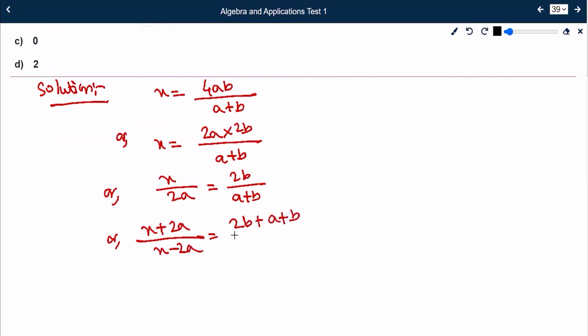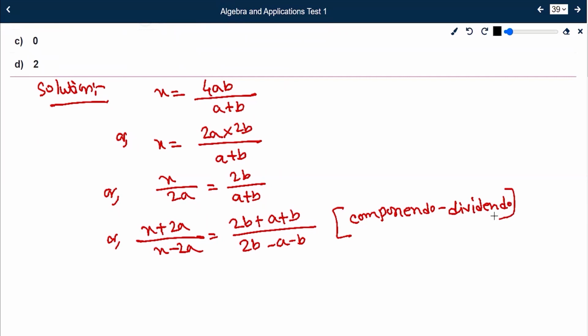So here what I have done, componendo, dividendo. Okay. So I got the value for x plus 2a by x minus 2a, and that is also 3b plus a and b minus a.